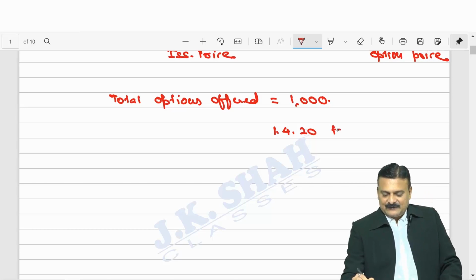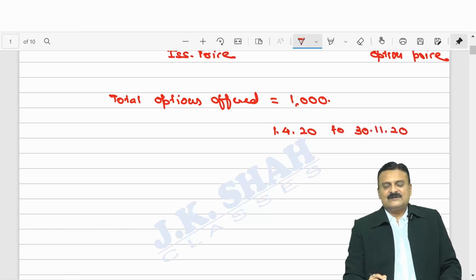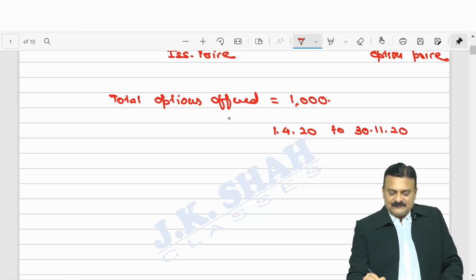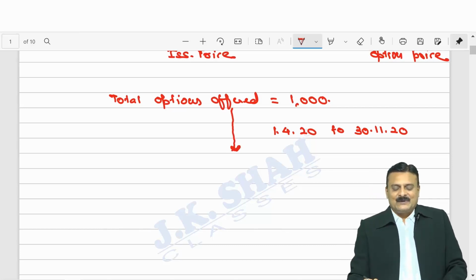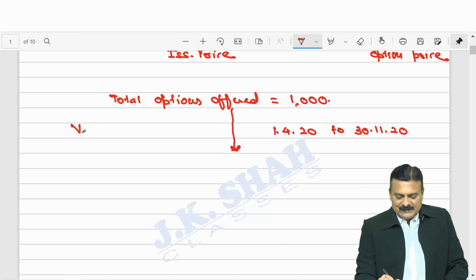So this scheme will expire on 30th November. This time period allowed to employees to think whether you want to participate or not is technically called the vesting period.